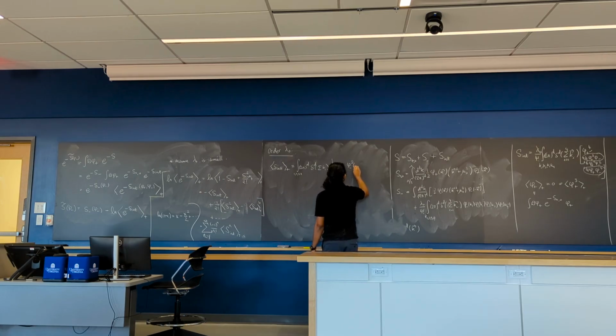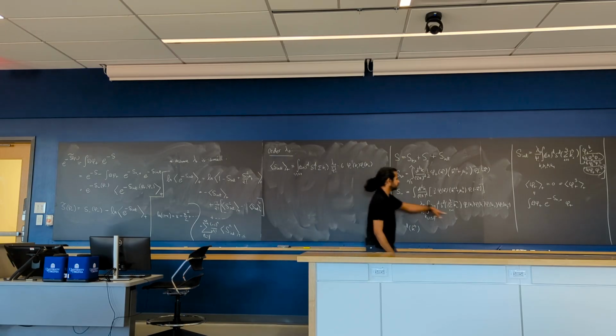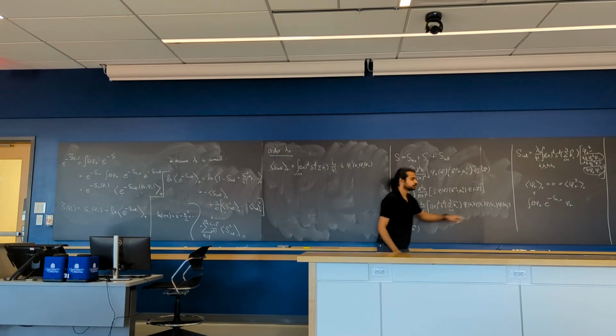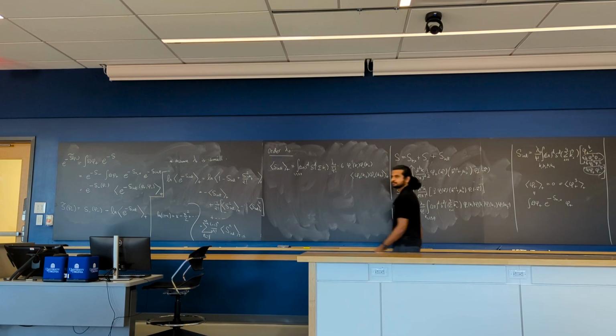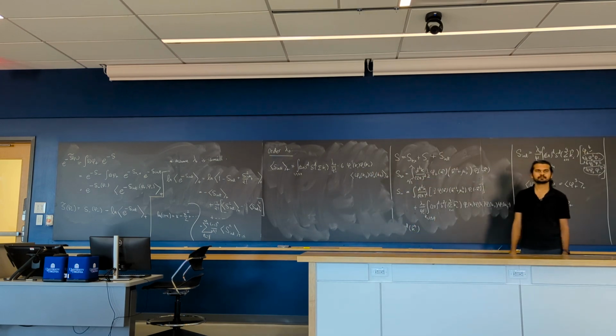Let's put in values now: phi minus k1, phi minus k2, which was originally analogous to this, times phi plus k3, phi plus k4.